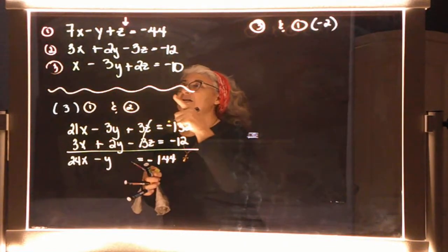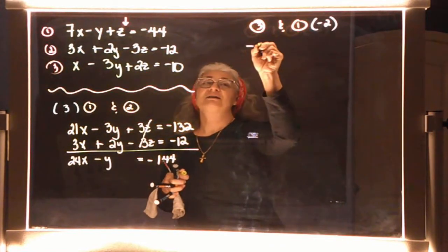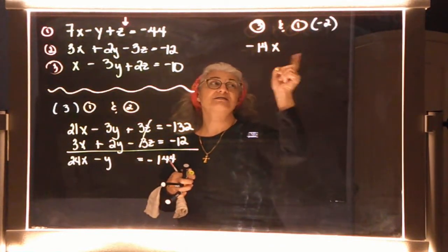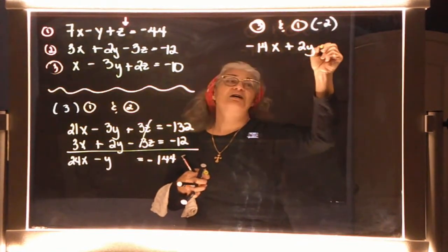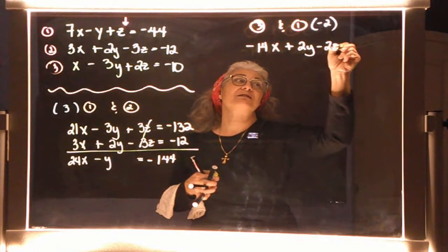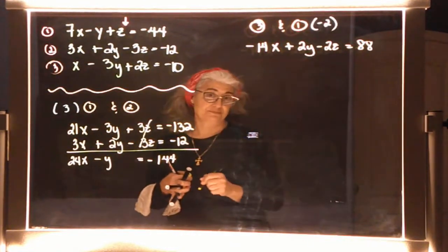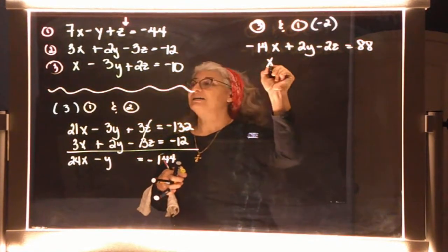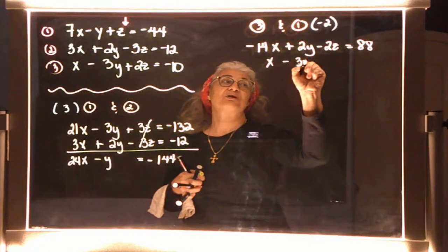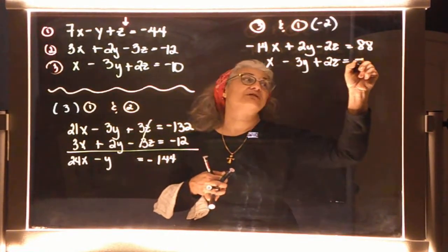All right, let's see. So equation 1 will become a negative 14x, oh yeah, plus 2y, minus 2z equals positive 88. Equation 3 is x minus 3y plus 2z equals negative 10.